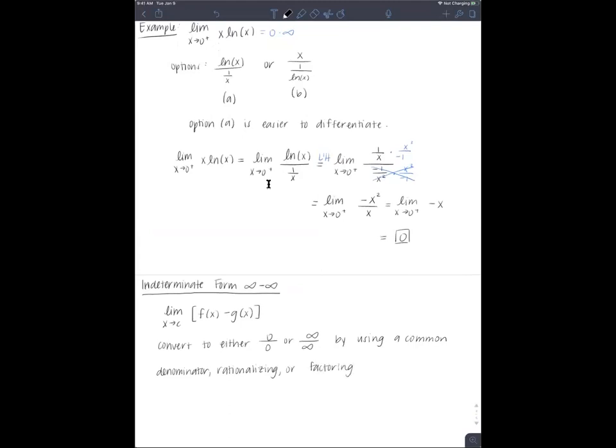And there are probably other ones, so I'll put etc.